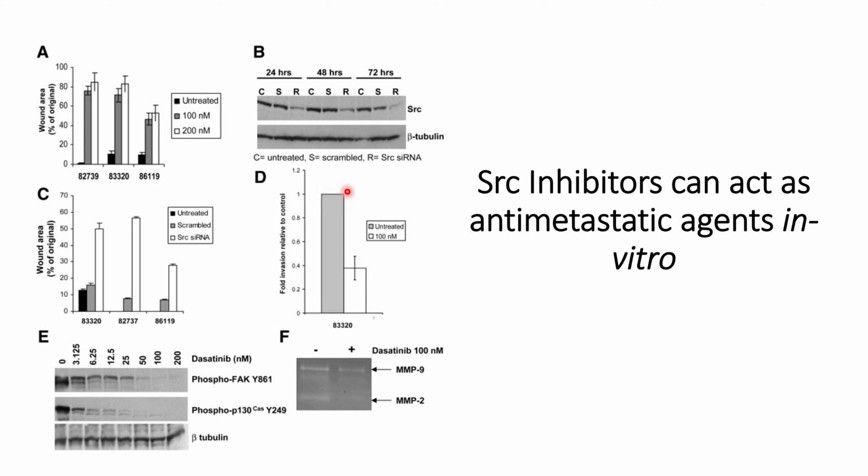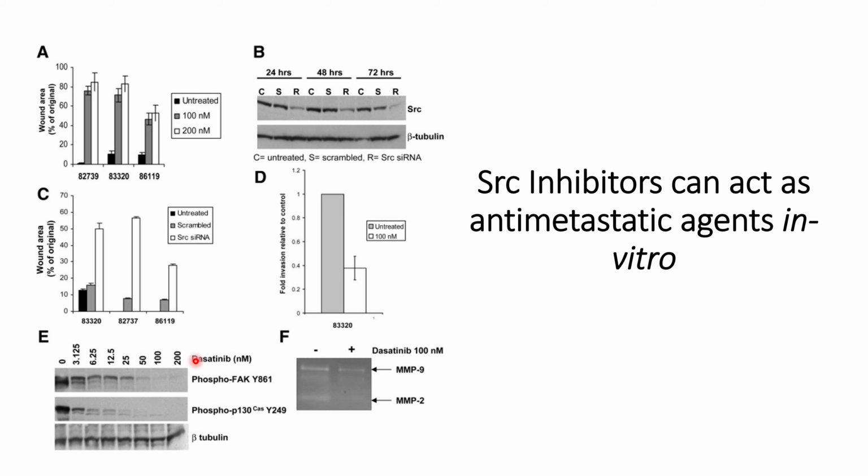Then they checked the other pathways that are also affected by SRC phosphorylation, such as FAK phosphorylation at Y861 and p130 phosphorylation, which is kind of similar to SRC phosphorylation.